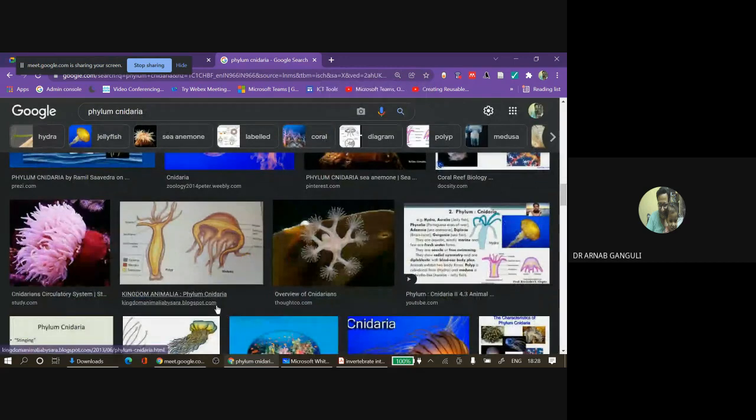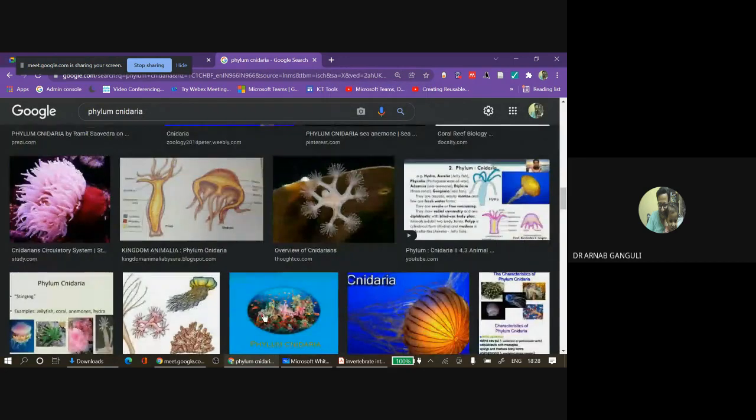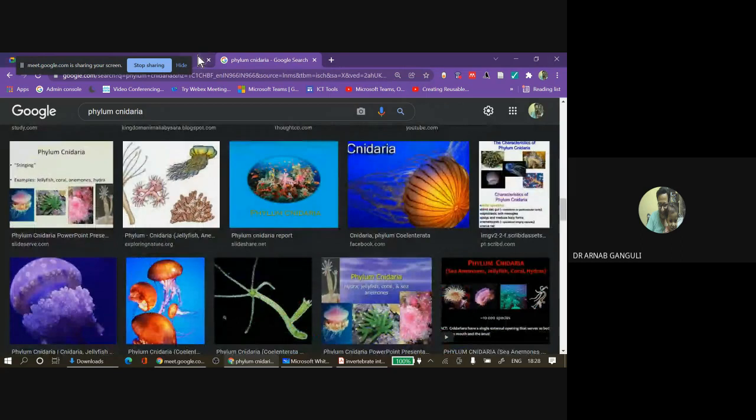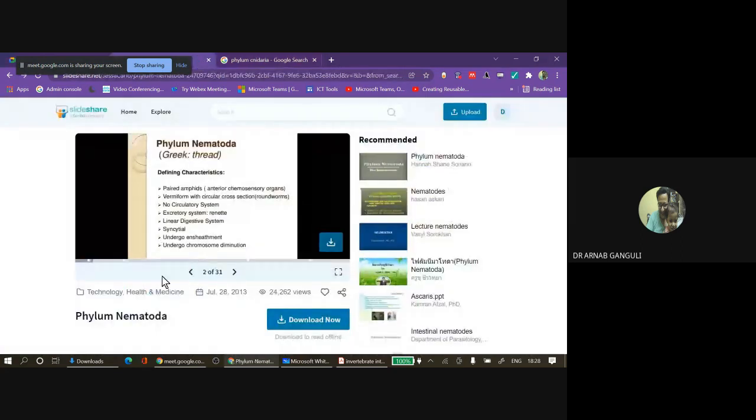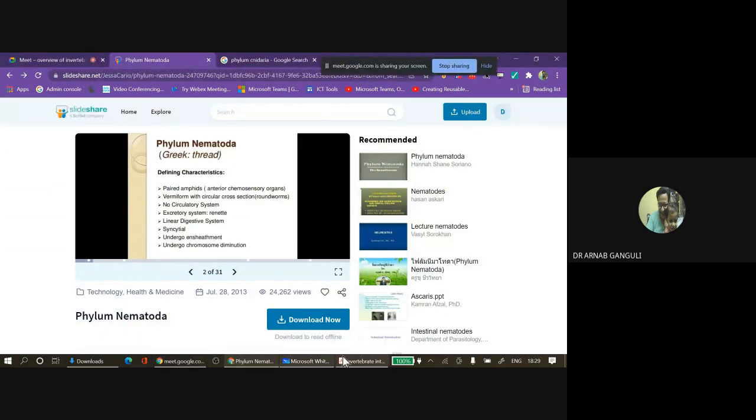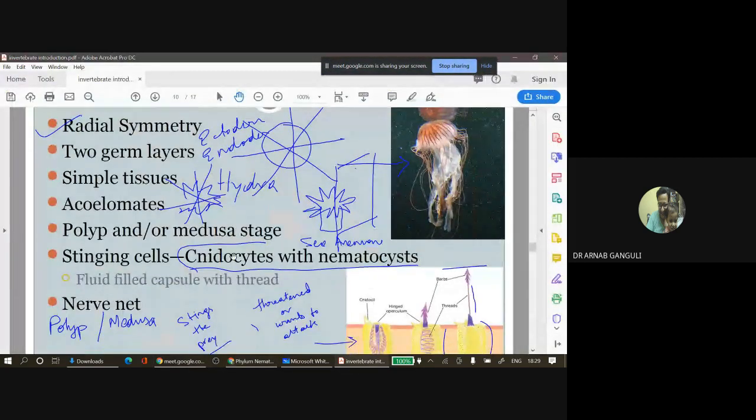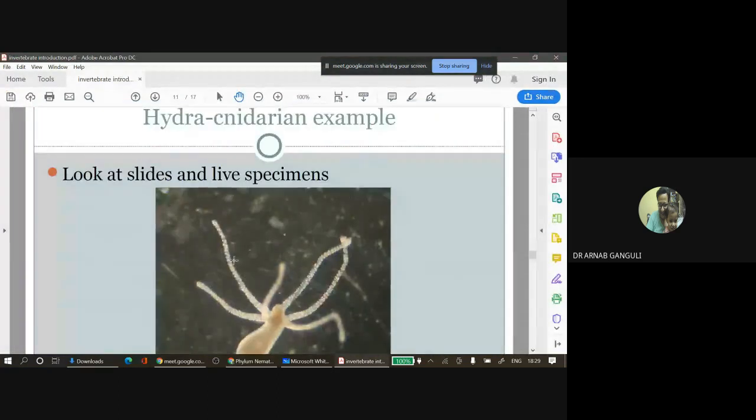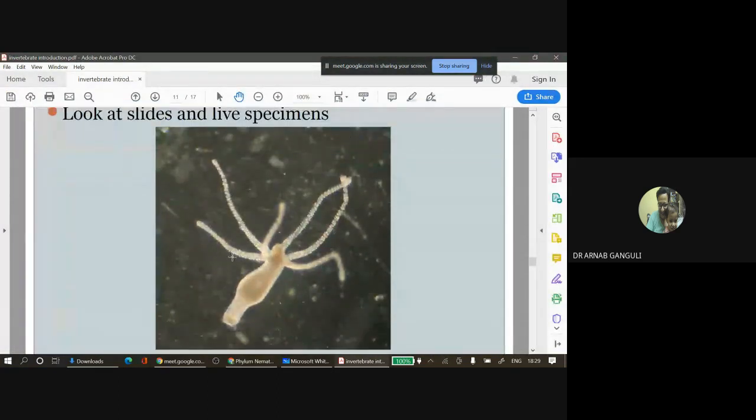So these are sea anemones. So these are the first two animals. This is a Hydra. Look at the Hydra.